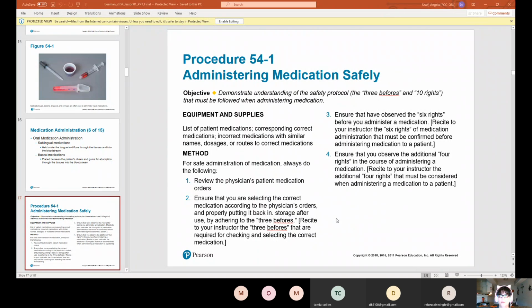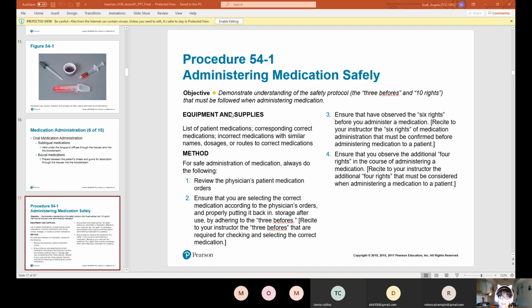Even if you've been doing it for 35 years, I want you every time you pick up a med to think about those. Think about the rights of the medication because safety is utmost and first.